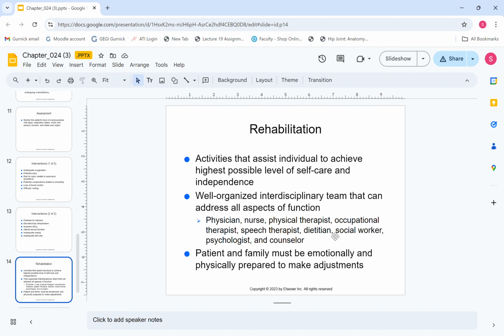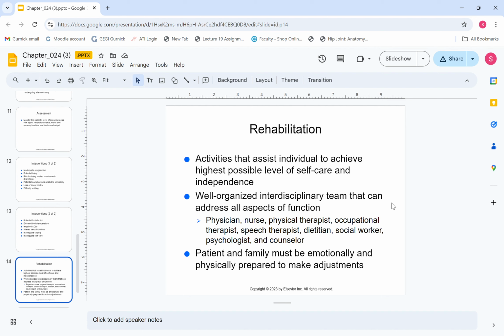A well-organized interdisciplinary team that can assess all aspects of function. Interdisciplinary just means we're going to have people from different disciplines or professions. That means doctor, nurse, physical therapist, occupational therapist, speech therapist, dietitian, social worker, psychologist, and counselor.